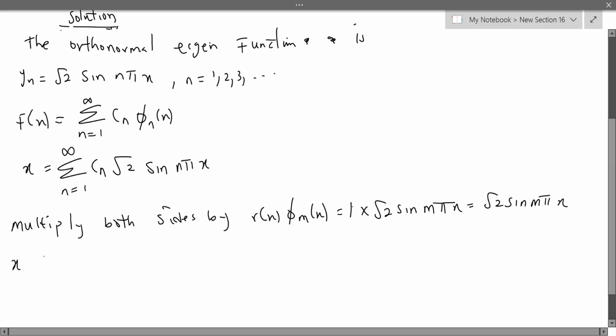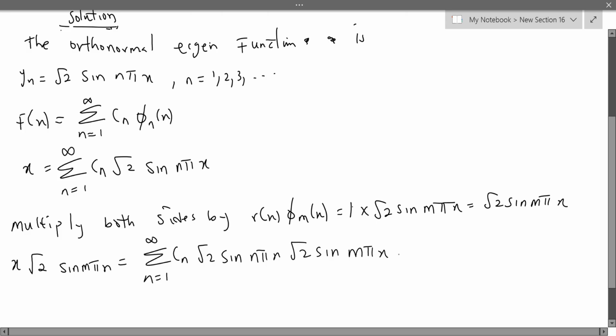That will give us x times root 2 sine m pi x equals the summation from n equals 1 to infinity of cn root 2 sine n pi x, then root 2 sine m pi x. That gives cn times root 2 squared, sine n pi x sine m pi x.